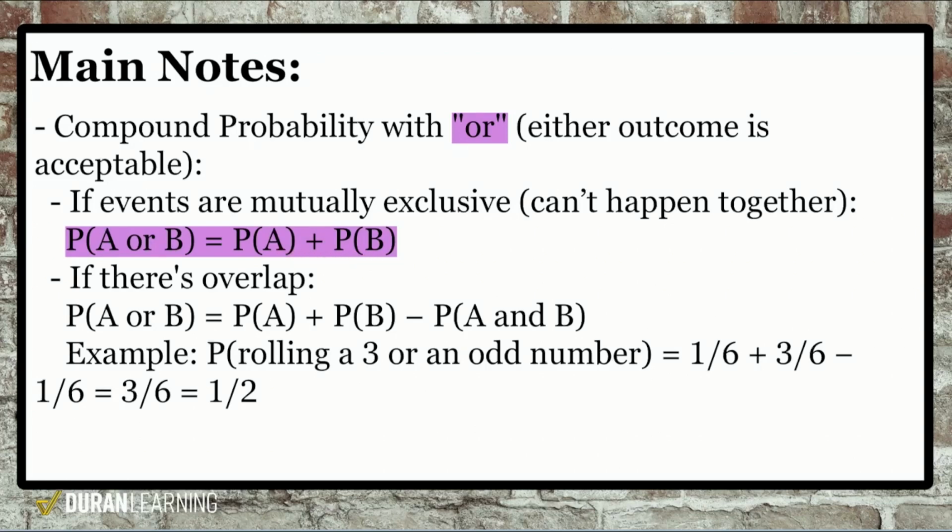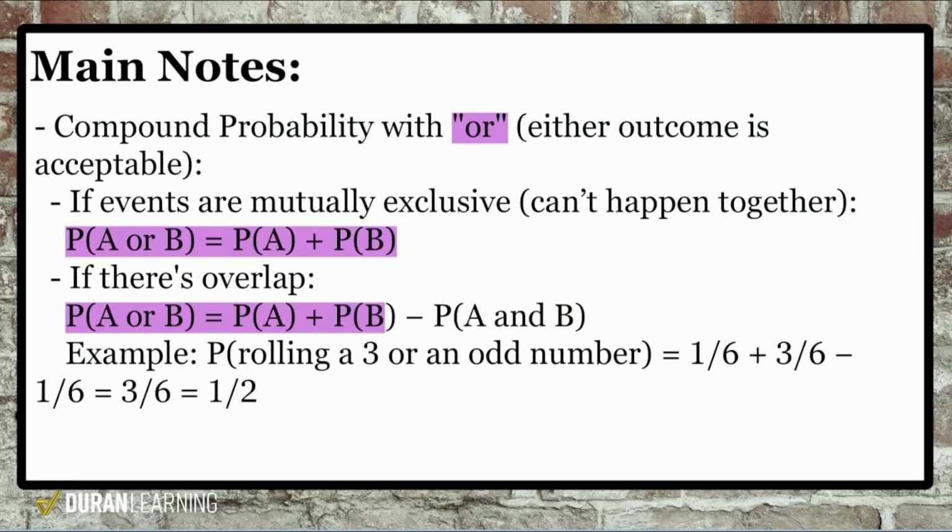That's it. However, everybody, there are going to be situations, and I know some of us are going to have that headache reappear from yesterday, but there are going to be situations where there is overlap. And I'm going to give you a really good example in terms of what that means. So if there's overlap, everybody, when we're saying A or B, but some of the events in B could count as A, or some of the things in A could count in B, you're still going to start the same way right over here.